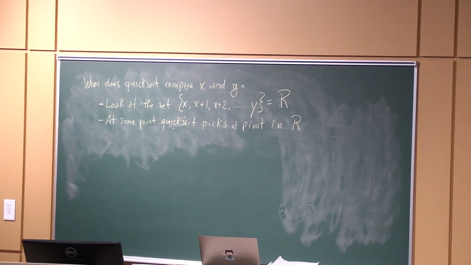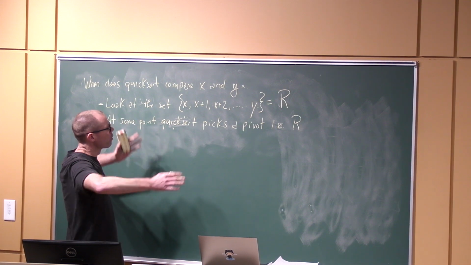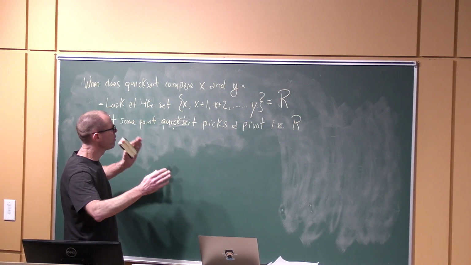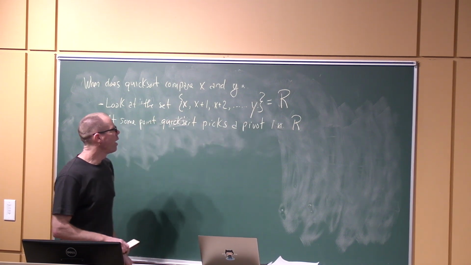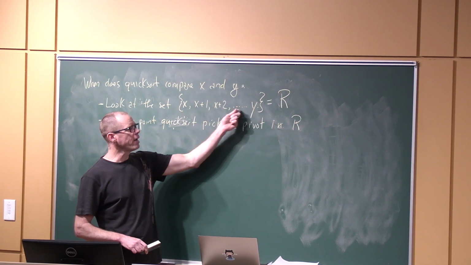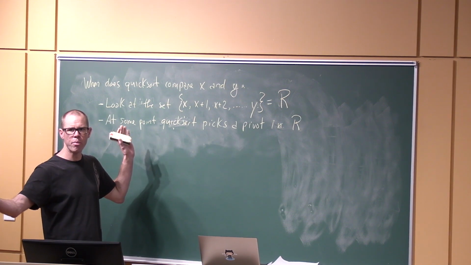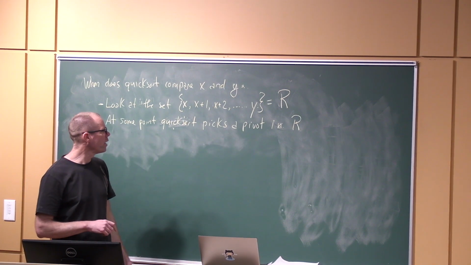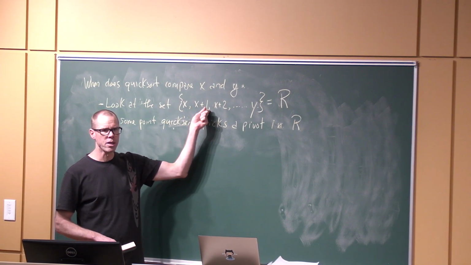And when it does that, it maybe was working on some subarray, some subproblem that contained both X and Y. That means it also contained everything in between them, and maybe it even contained more stuff. Some stuff bigger than Y and some stuff smaller than X. But at some point it picks a pivot that's one of these things.